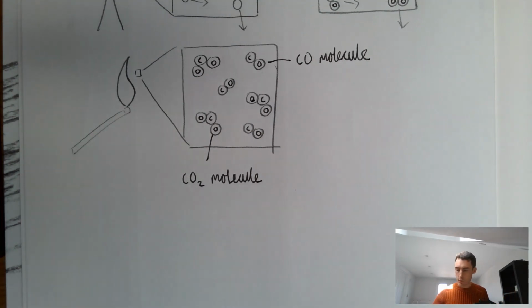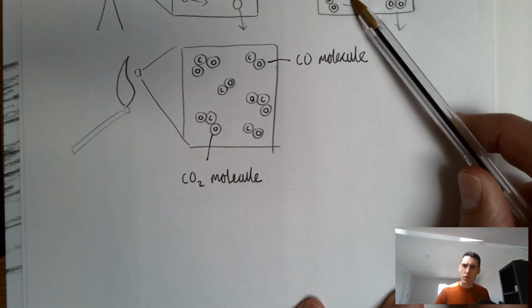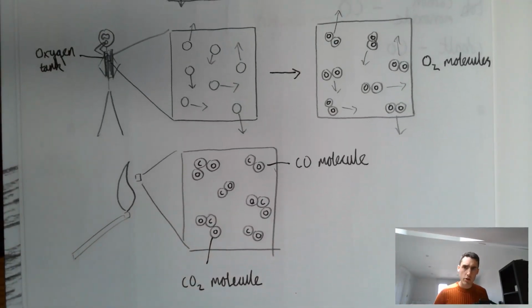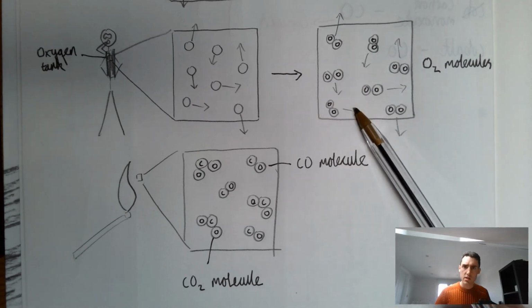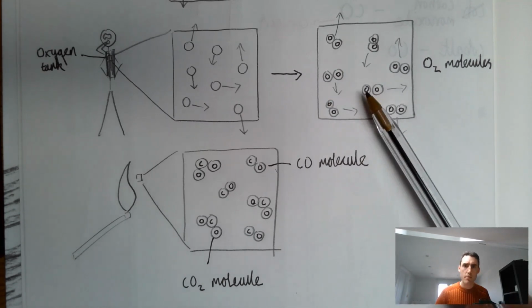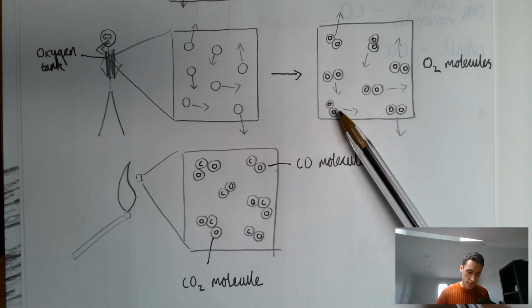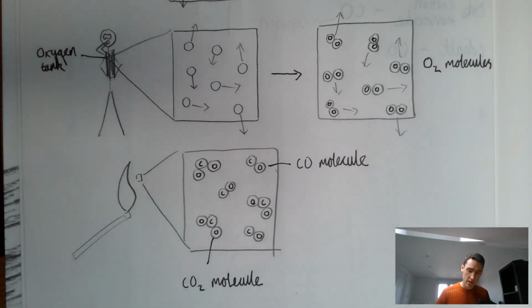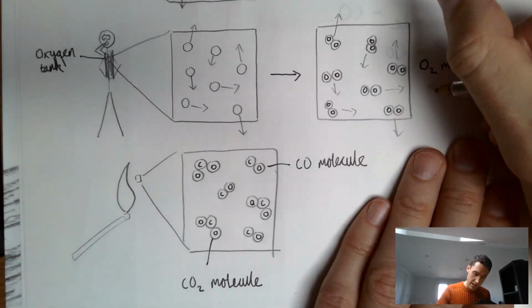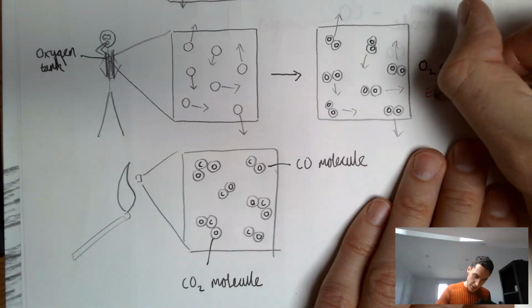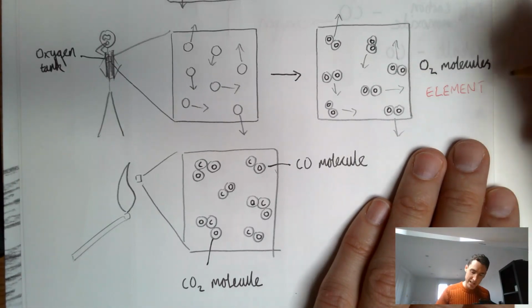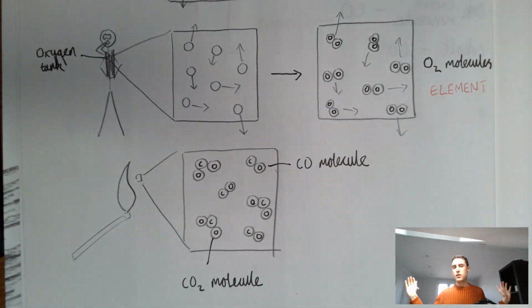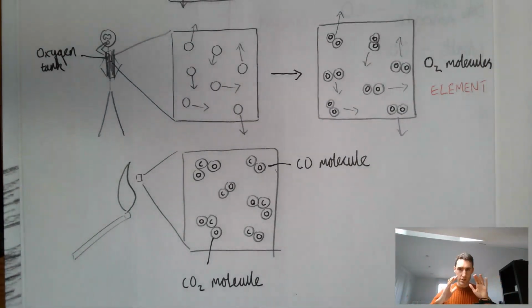One other thing that you might wish to talk about, though, is the fact that, well, let's look at these molecules. Let's compare now our O2 molecules to our CO and CO2 molecules. What do you notice about all of the atoms within an O2 molecule? Oh, they're both the same. So this must be an element. And we can come back to this picture. Now again, what I've often done this in the past and not been very successful is that I chuck all of this stuff into the same lesson.